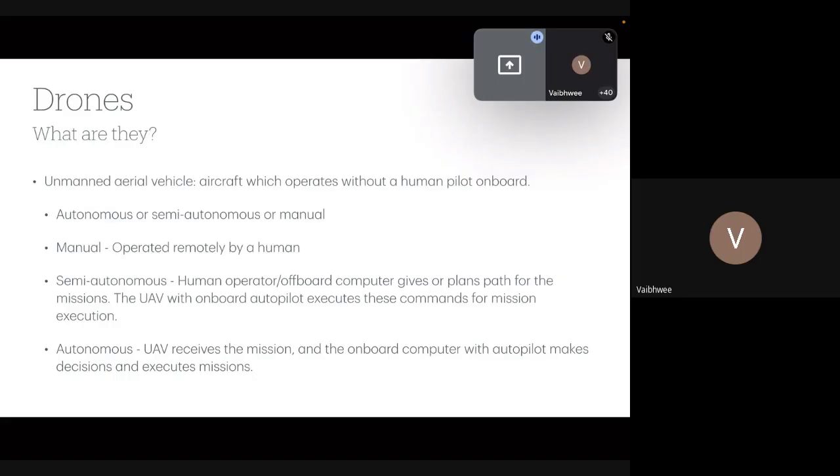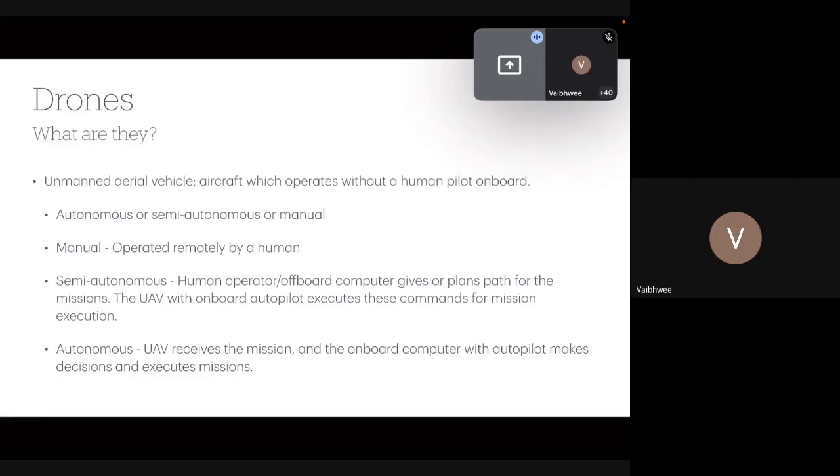Radio wave signals. The semi-autonomous is basically those drones, or rather autonomous, let's go to autonomous first. Autonomous are those drones which receive mission information from any command center, which can be a ground-based computer or a human.